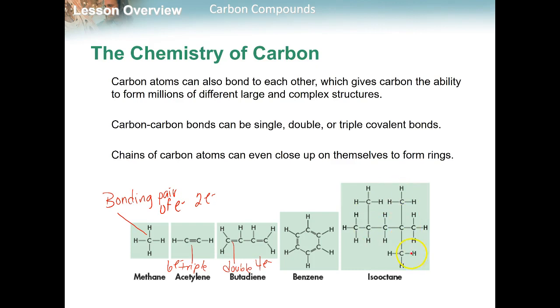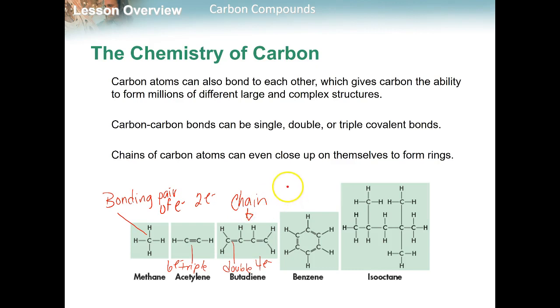And take a look at this. This is kind of like branches. Here's our carbon backbone that you see here, and it can form this branching structure. So what this means is that carbon can form these amazing molecules that could either be a chain, and this is a good example of a chain.